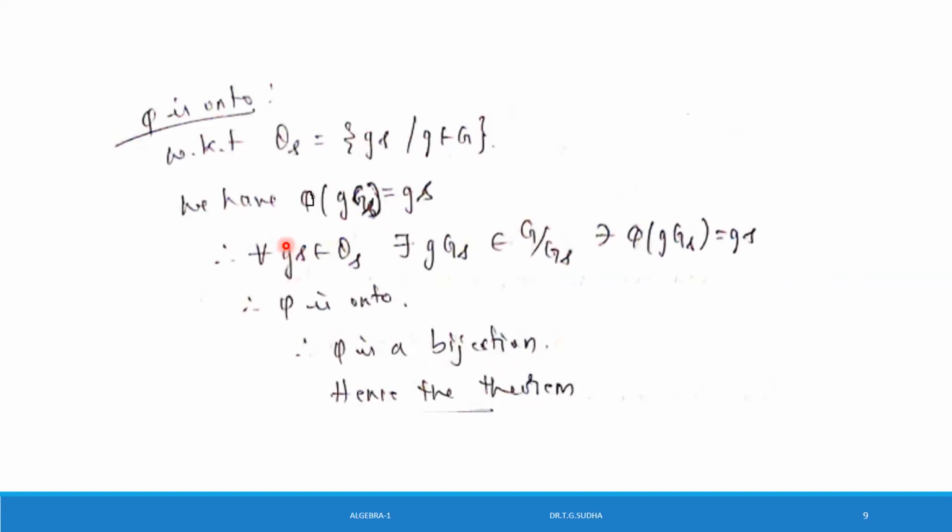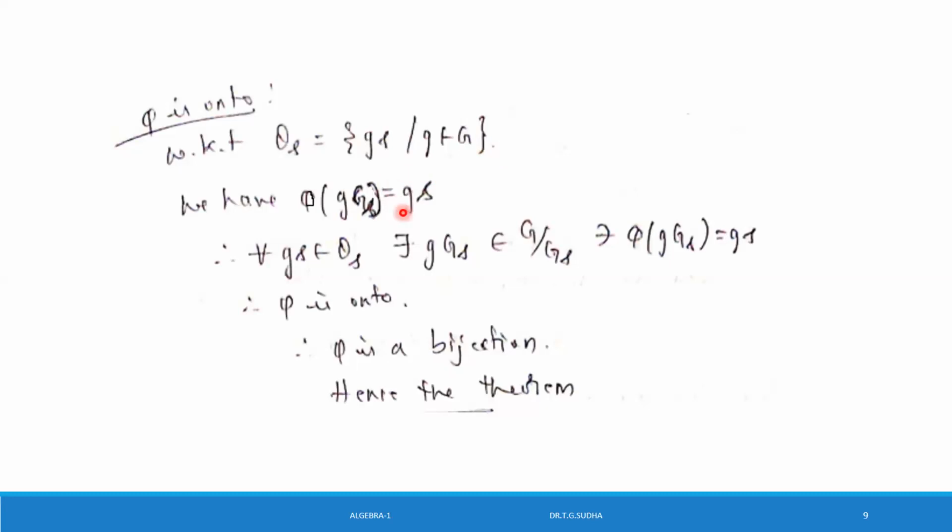Now let us show that phi is onto. The codomain is Os. So Os will contain gs such that g belongs to G. And we have on the domain side G by Gs. So phi of g Gs is equal to gs.